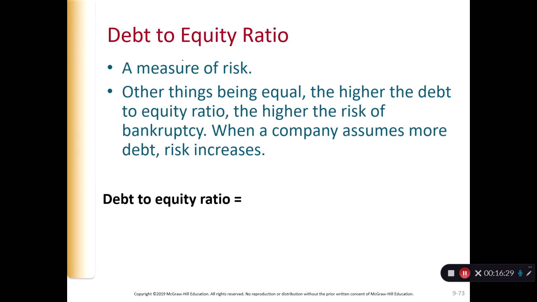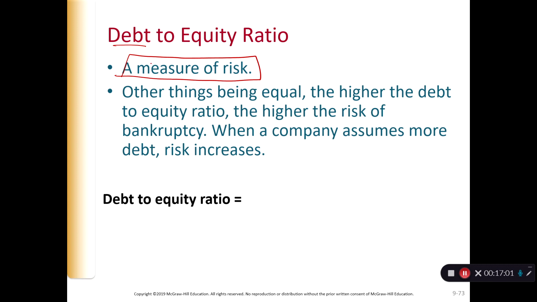So therefore, the debt to equity ratio is a very important risk measure, measuring how risky this company is, because debt requires payment on specific dates. If you fail to repay the debts or the interest associated with the debt on a timely basis, it will result in default or perhaps even bankruptcy for the company.